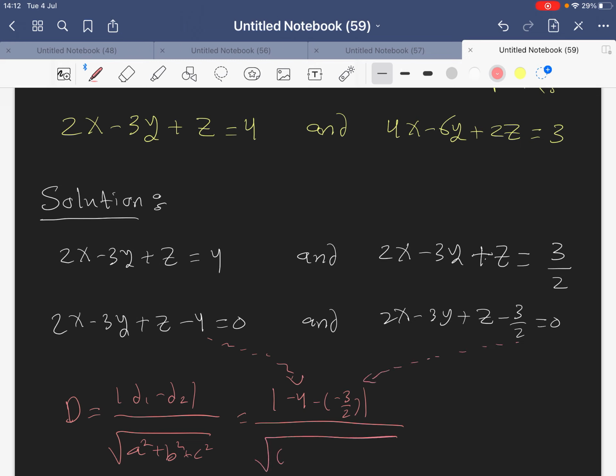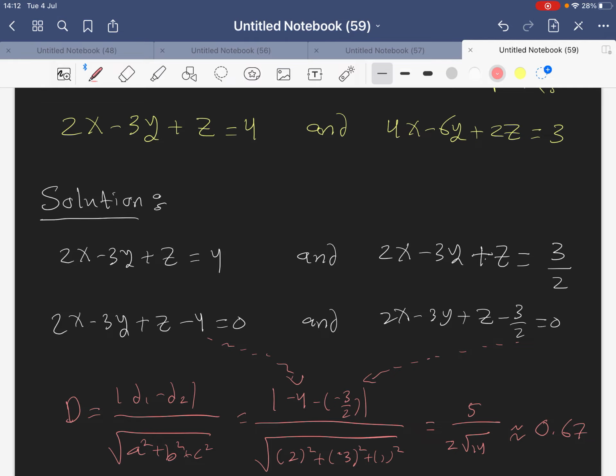And then the square root of 2 squared, negative 3 squared, and 1 squared. Now, if we do everything correctly, this will be 5 over 2 square root of 14, which is approximately 0.67 units. So the distance between the two planes is 0.67 units from each other.